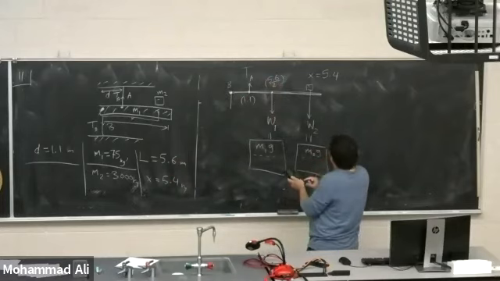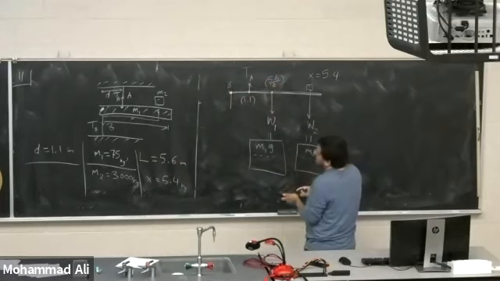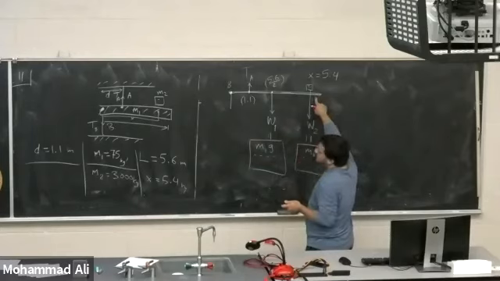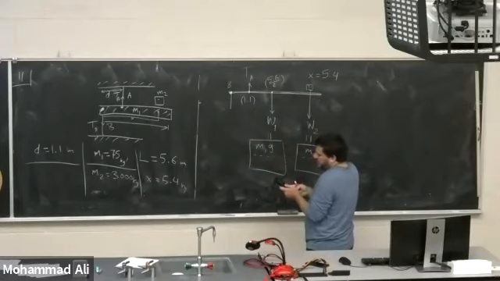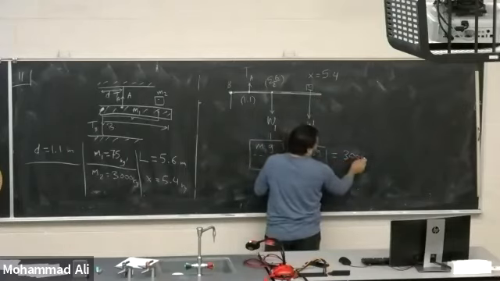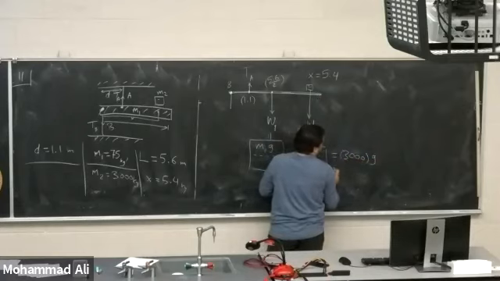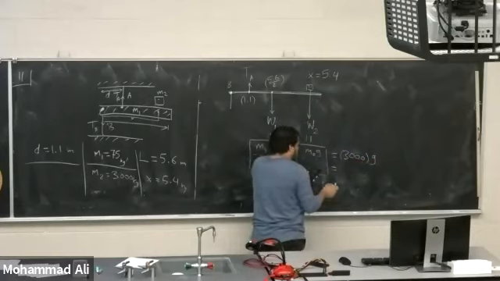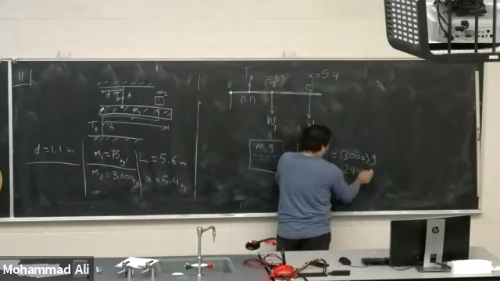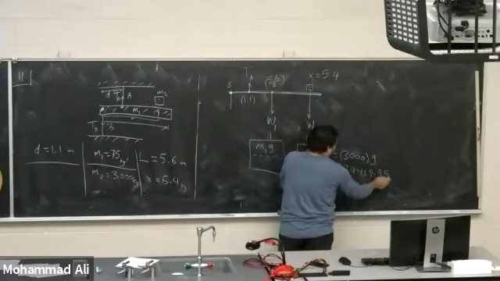Let us find the weights. For M2, it's 3,000 multiplied by G. It is equal to 29419.95 newtons.